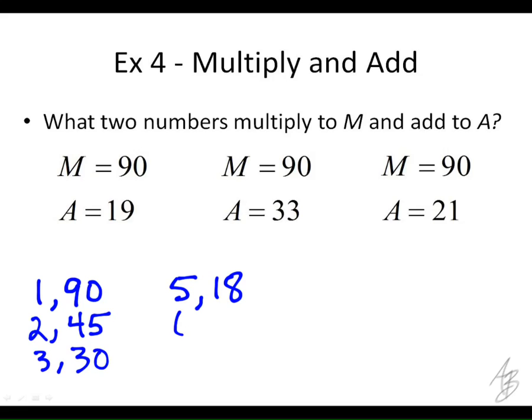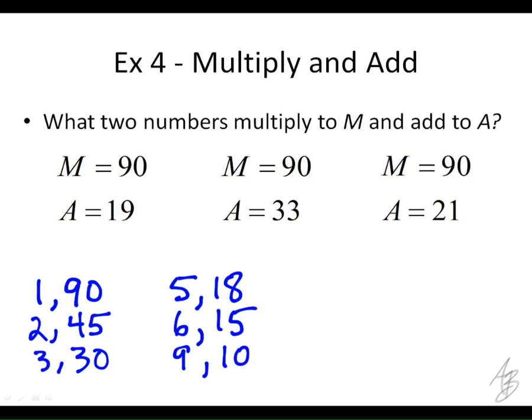How about 6? 6 and 15, okay. We're getting a lot of them here. How about 7? No. How about 8? No. How about 9? 9 and 10, okay. How about 10? We already have it, right?